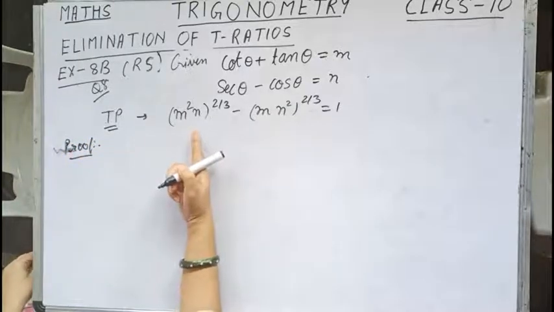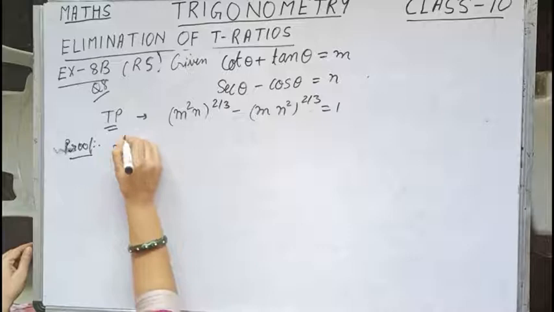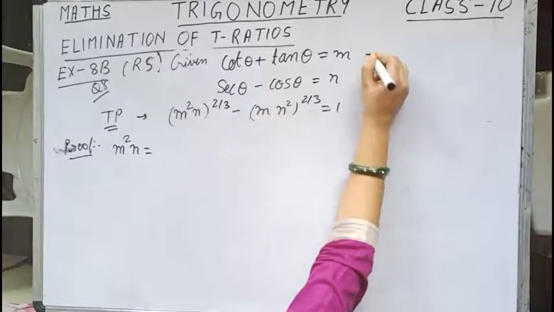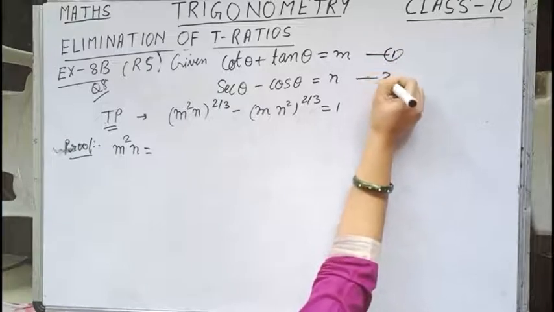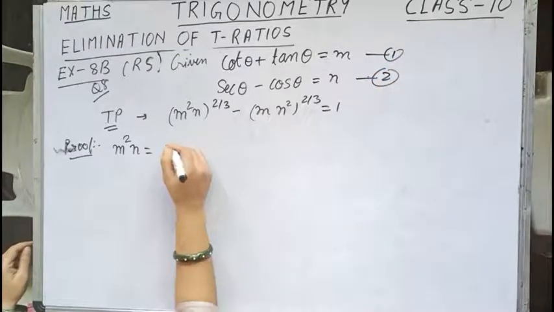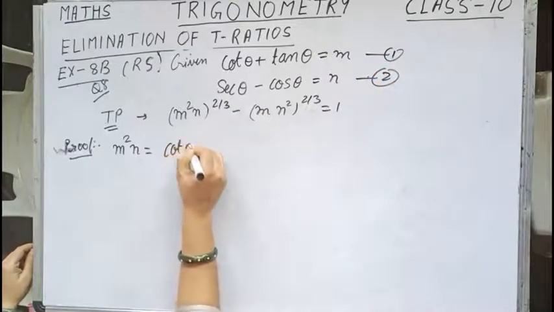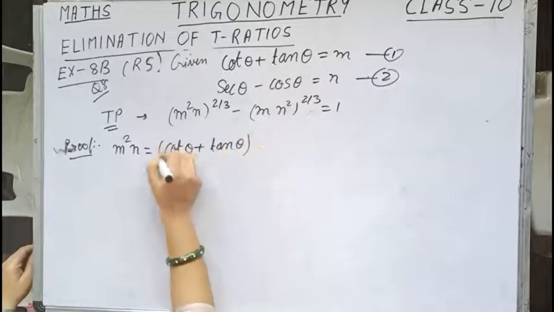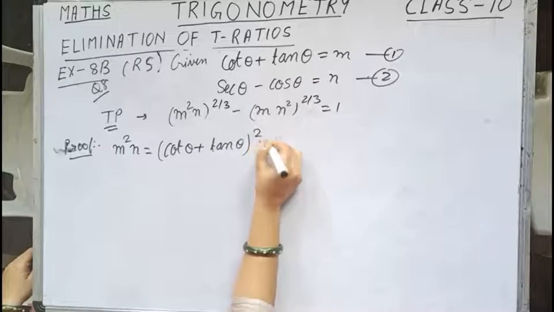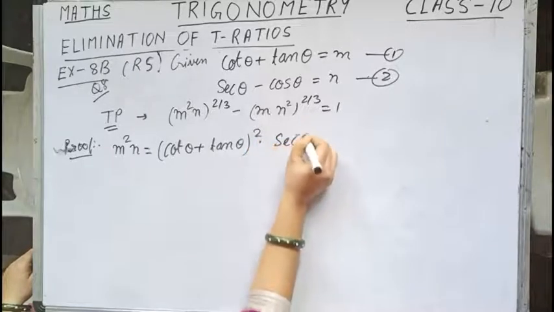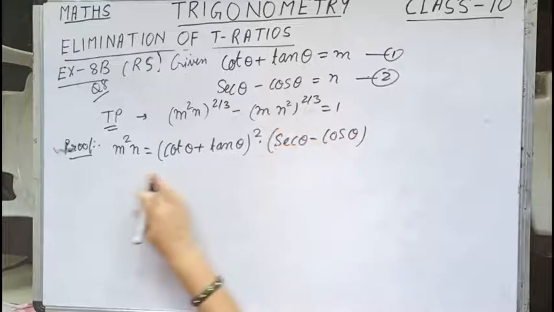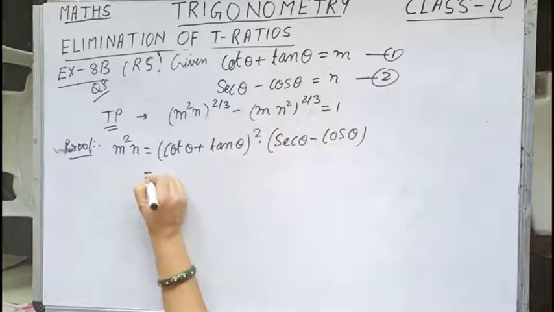First let us calculate the value of m square n. So m square n will be equal to, let us put the values from 1 and 2. So m square n will be equal to cot theta plus tan theta, simply I am substituting the value, whole square into sec theta minus cos theta. So m square n I have put.